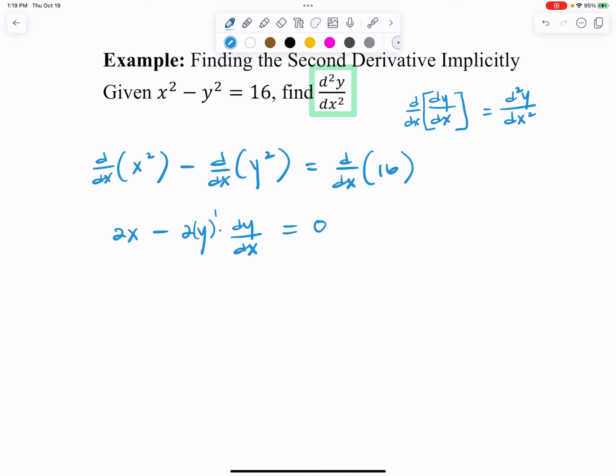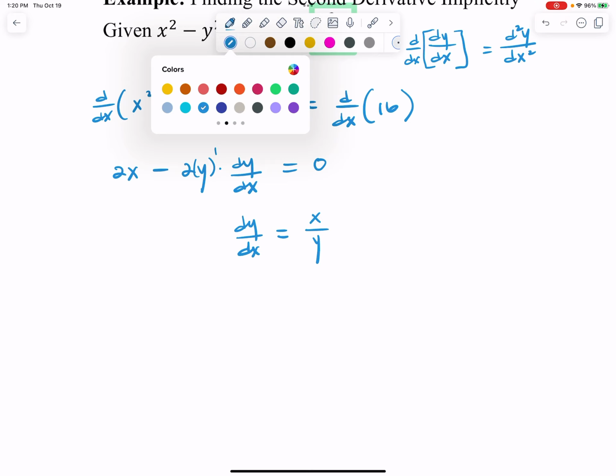So then we can isolate dy over dx. If we subtract 2x on each side, and then divide by negative 2y, we will end up with x over y for the first derivative. I'll use a different color here.